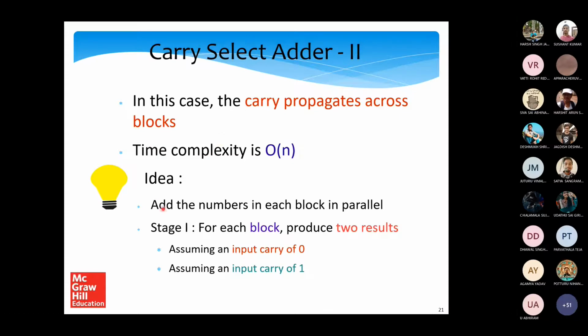Now we add the numbers in each block in parallel. There are two stages. In stage 1, for each block, it produces two results, assuming an input carry of 0 and assuming an input carry of 1.